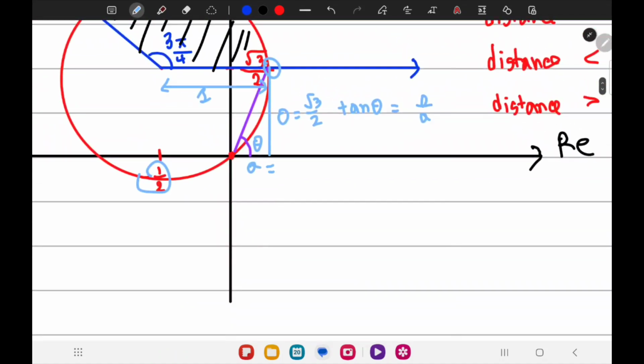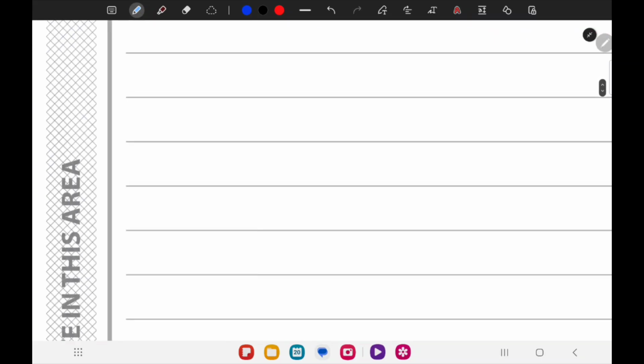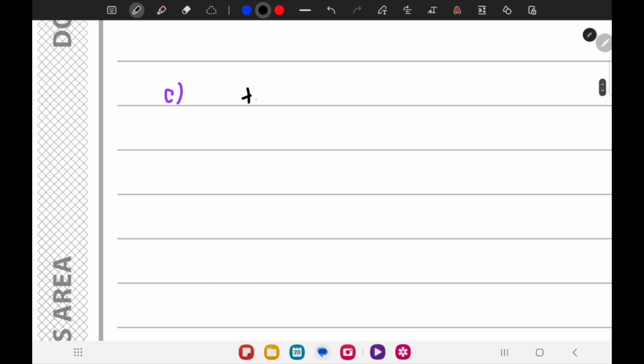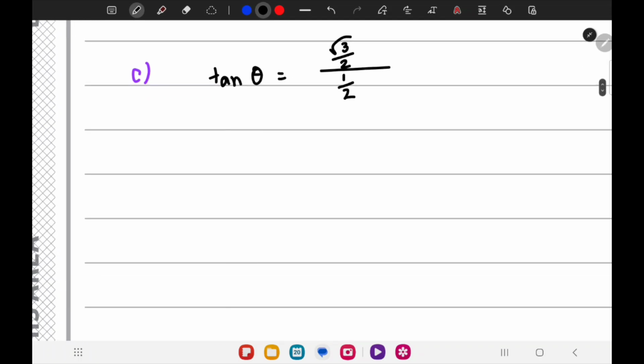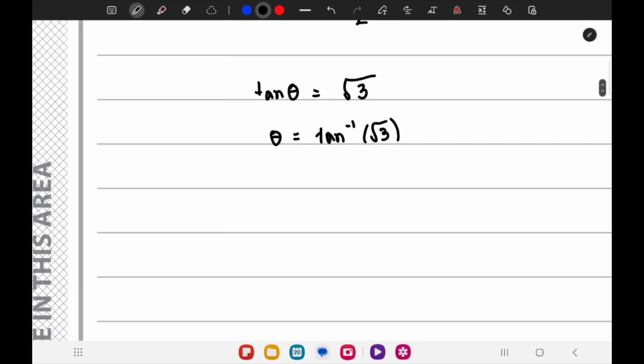So the adjacent is equal to half. Therefore, tan theta will be equal to the opposite, root 3 by 2, divided by the adjacent, which is half. So tan theta is equal to root 3, theta equals tan inverse root 3. So theta will be equal to π/3.